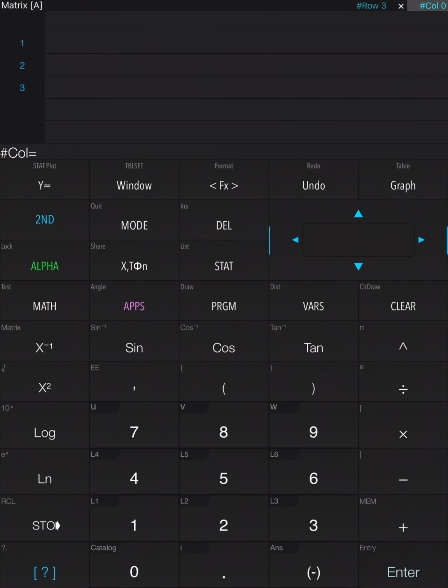So 3 rows, 2 columns, and then enter our values. 207, enter. 227, enter. 21, 27, 12, and 6.